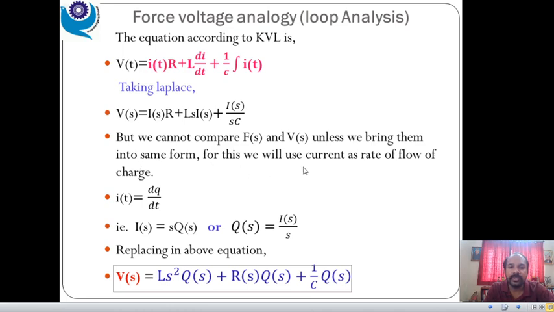For this we will use current as the rate of flow of charge, and we already know the equation i(t) = dq/dt.